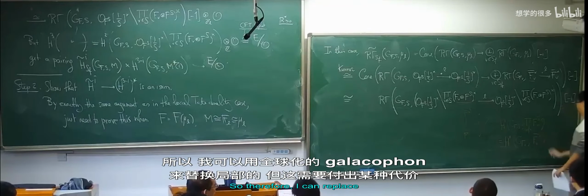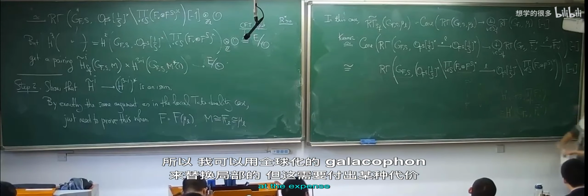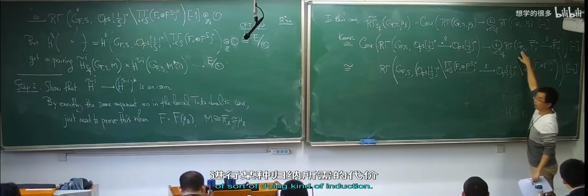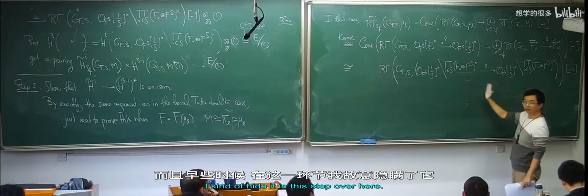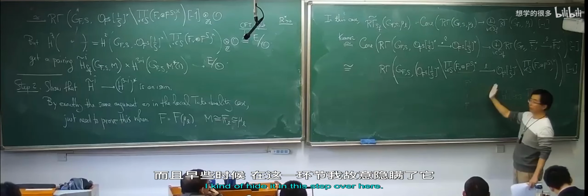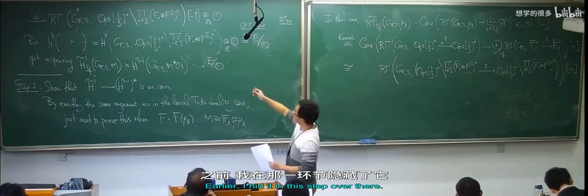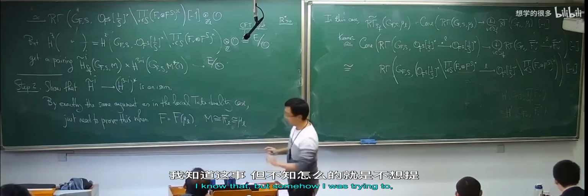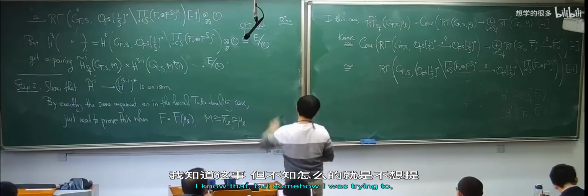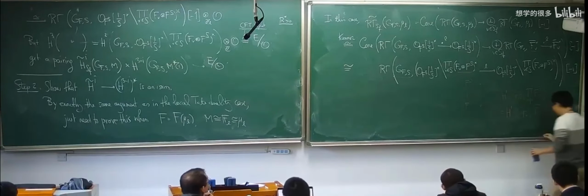So therefore, I can replace a local Galois cohomology with a global one at the expense of doing kind of an induction. So it's subtle here. And earlier, I kind of hid it in this step over here. I was trying not to talk about it, so as not to confuse you further.